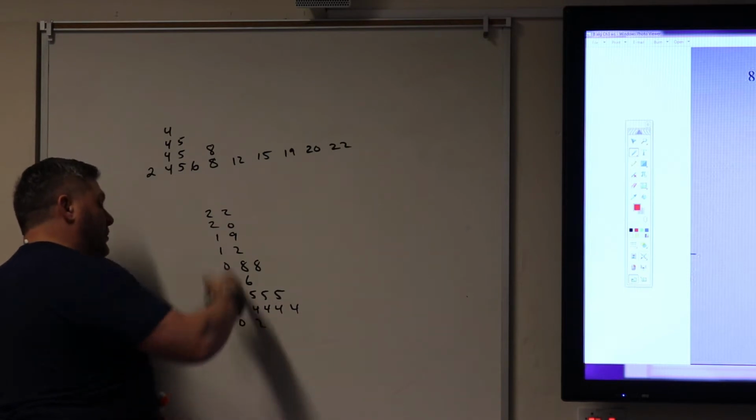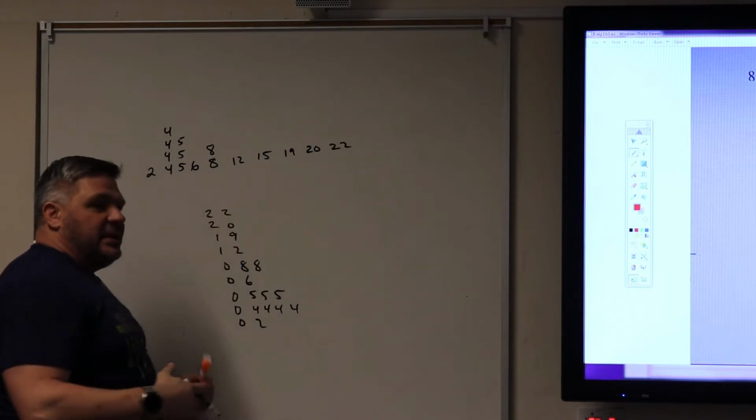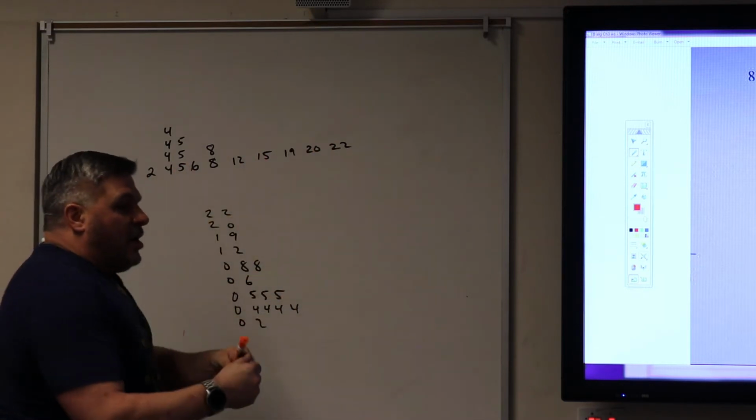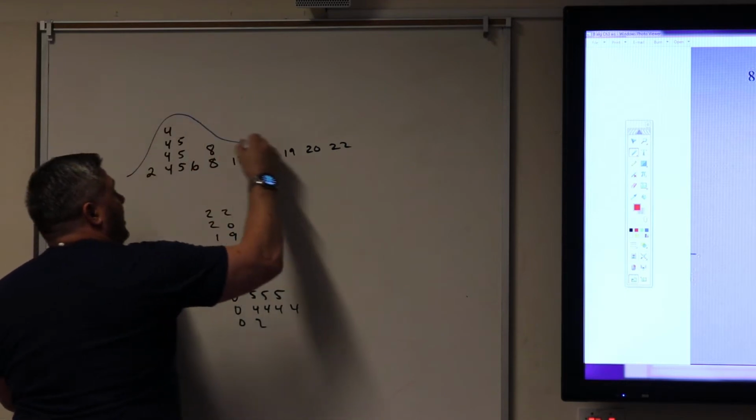Okay, and so this is the way you would write it in a typical stem and leaf plot. The reason why I wrote it down here was just so we could see this generalization.